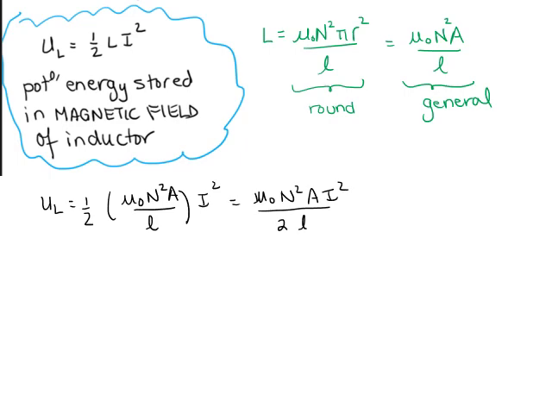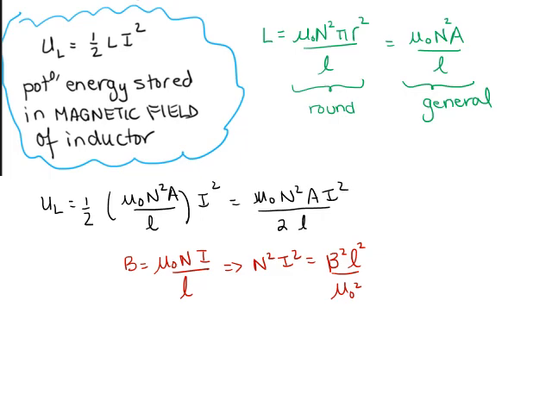So let's write down that expression. So the magnetic field inside a solenoid is mu naught times n times I over l. So let's use this to get an expression for n squared times I squared. N squared times I squared equals B squared times l squared, oops, divided by mu naught squared. Sorry, a little bit of bad algebra there.